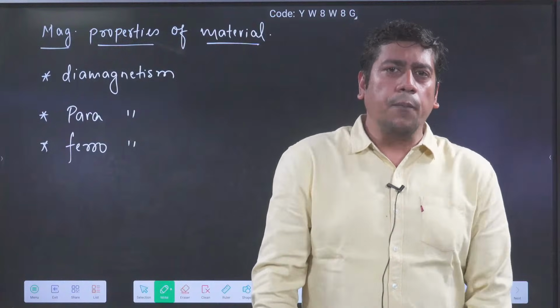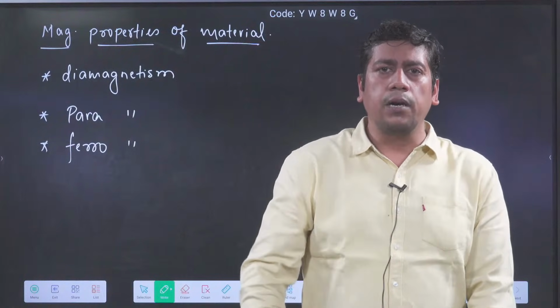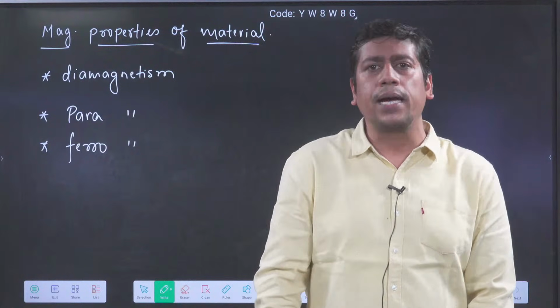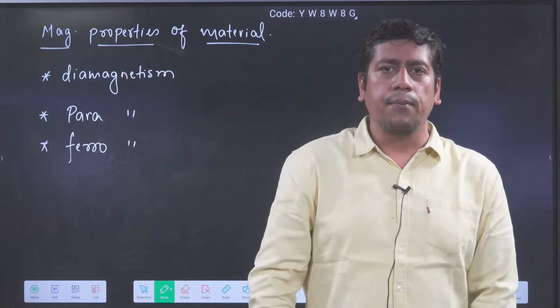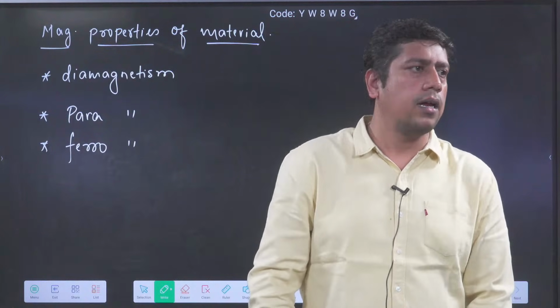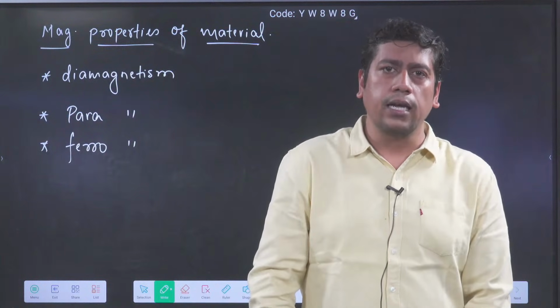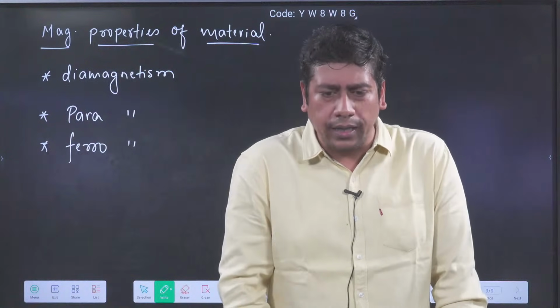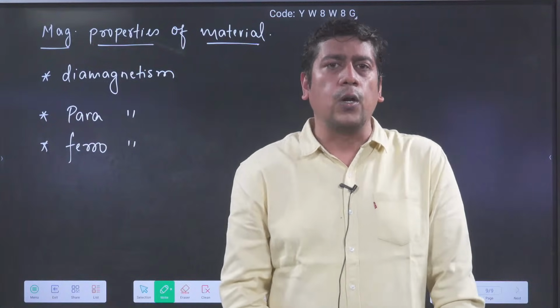Based on which type of property is shown by any material, we call the material a diamagnetic material, paramagnetic material, or simply diamagnet, paramagnet, and ferromagnet or ferromagnetic material. Now, ferromagnetic material or ferromagnetism we have seen since childhood.